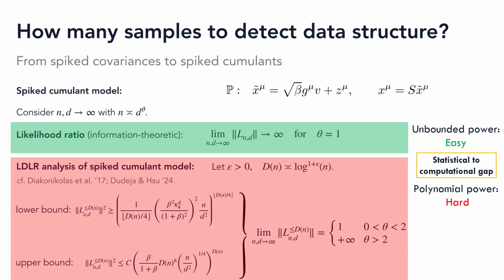So if you have unbounded computational power, you will just need a linear amount of samples. If instead you want to be computationally efficient, you will have a big gap. You will not need linear samples, not even a bit more, you will need way more samples. This is also surprising because it doesn't happen for low-order correlations.